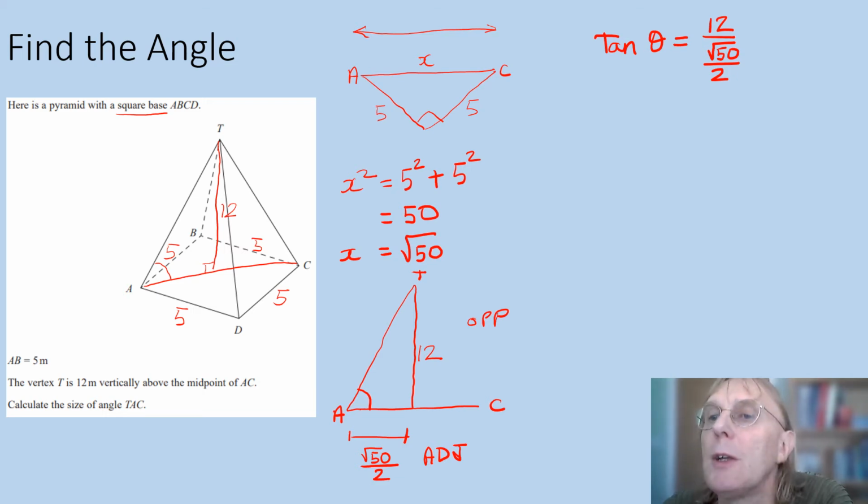And we can put that straight into the calculator if we want. If you want, just to make that a little bit easier, it's 12 over root 50 over 2. We could actually bring the 2 up to the top, and it's going to be 2 times 12, so that's 24 over root 50.